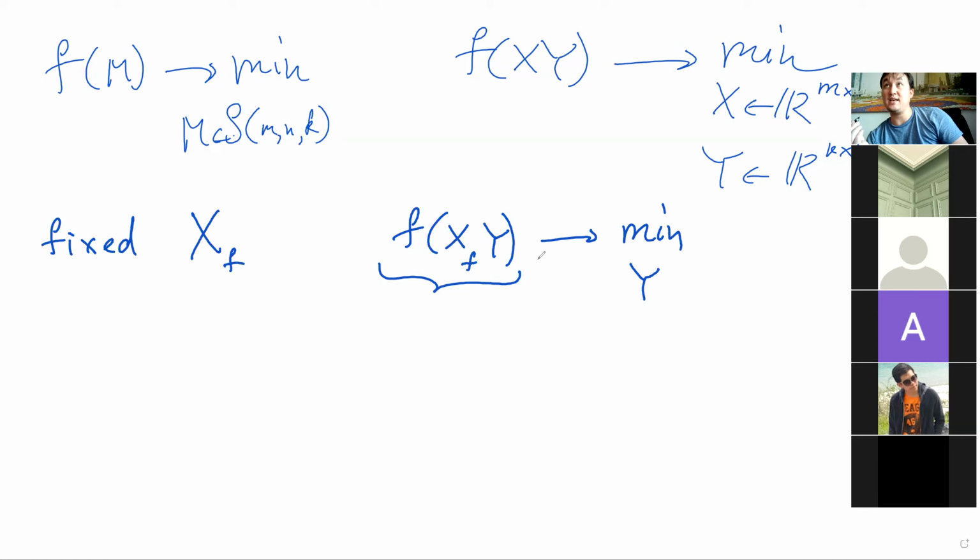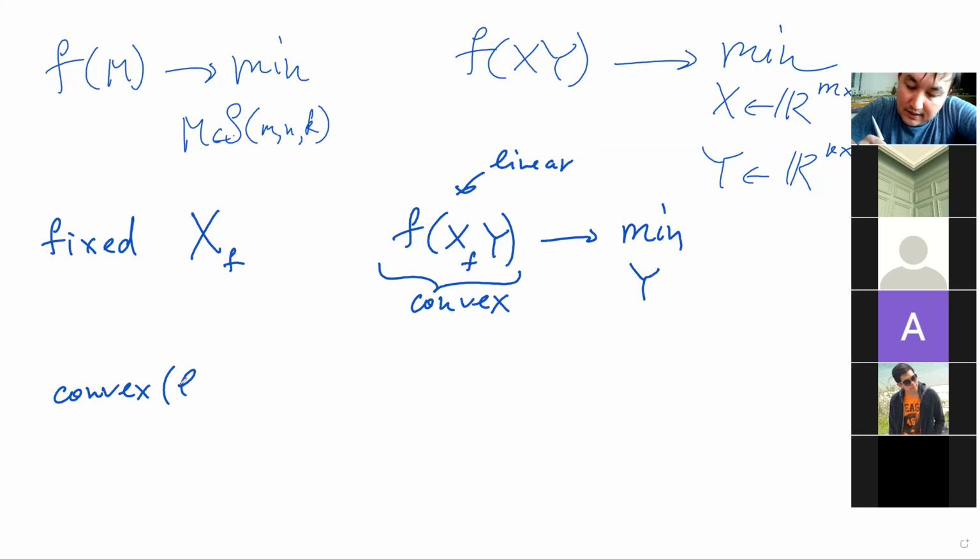You can treat X fixed as a constant, so this thing depends in a convex way on Y. Here we have a linear function, and to that we apply a convex function. We know that if a convex function is applied to a linear function, the result is always convex. So therefore, this function overall is going to be convex.